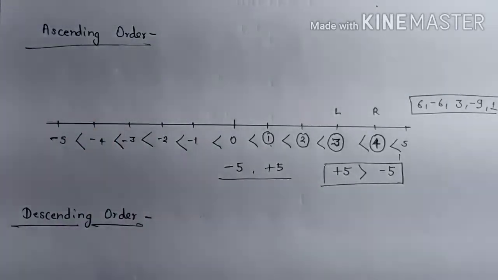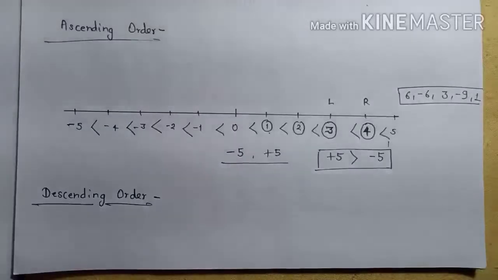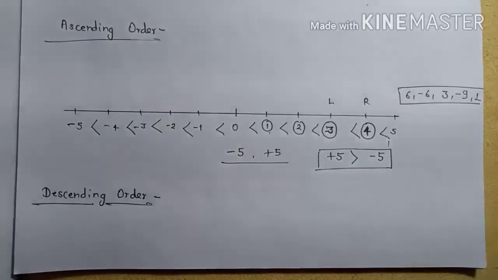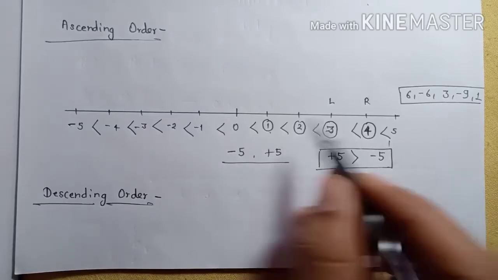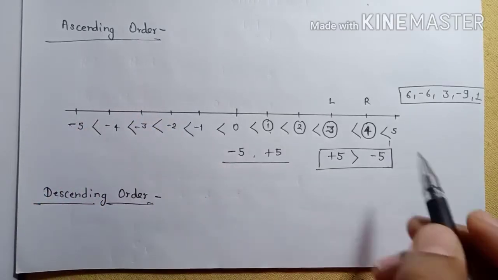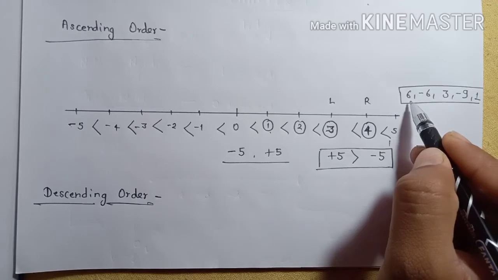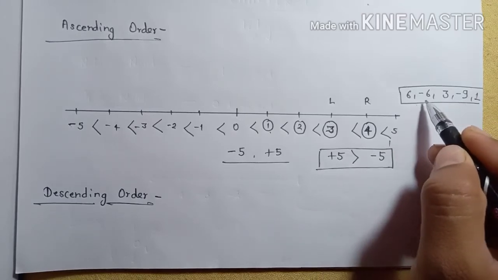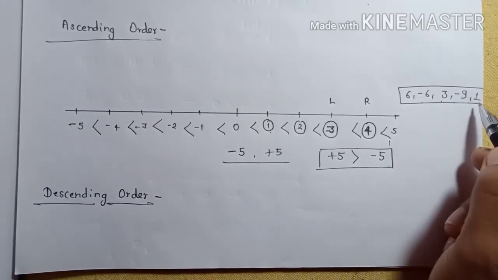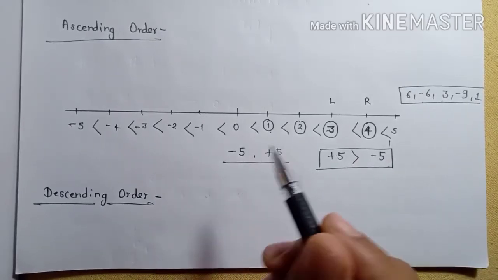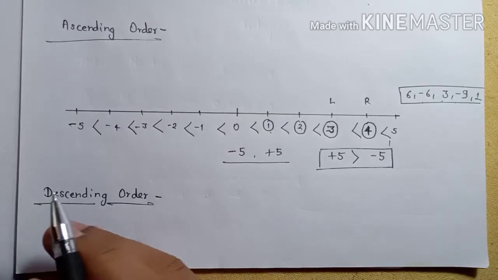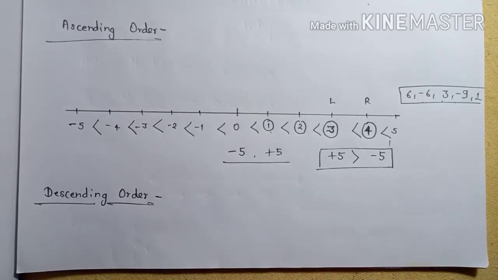An order of numbers where numbers are arranged in an increasing manner is ascending order. Now these are plus 6, minus 6, 3, minus 9 and 1, and the number which lies on the left hand side of all the numbers is the smallest one.